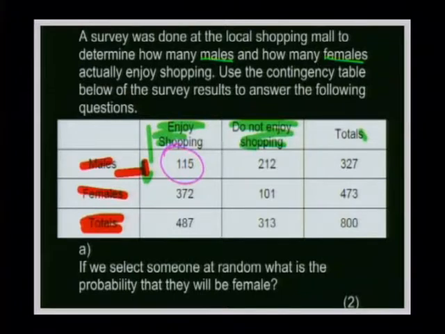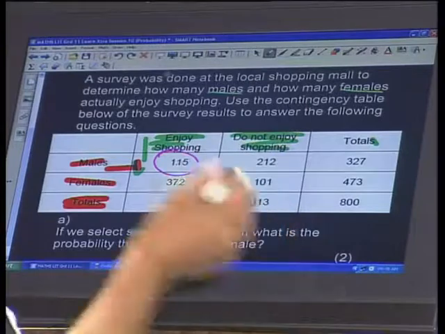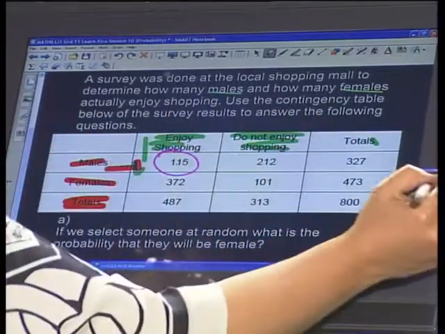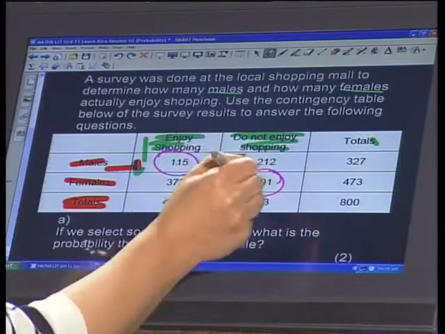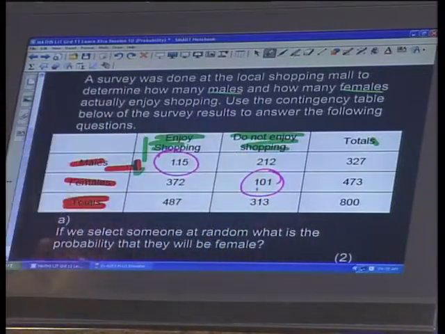So there were 115 males who enjoyed shopping. Each one of our blocks actually represents two things: enjoyed shopping or did not enjoy shopping, and males or females. So if I look at this over here, I've got did not enjoy shopping and females.